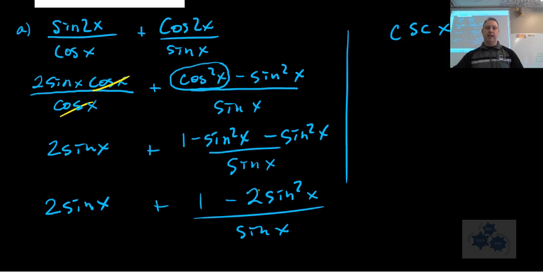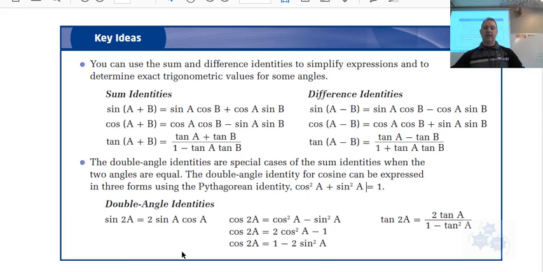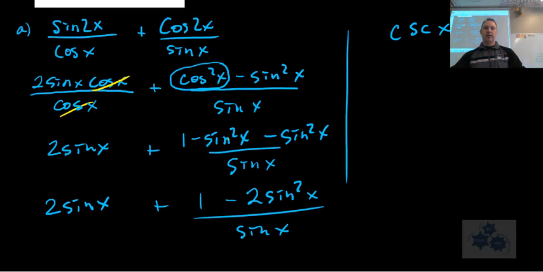Does it equal anything? 1 minus 2 sine squared... cos 2a maybe? Okay, obviously, if we go back to here, 1 minus 2 sine squared x could be cos of 2a. Yeah, it totally could be.